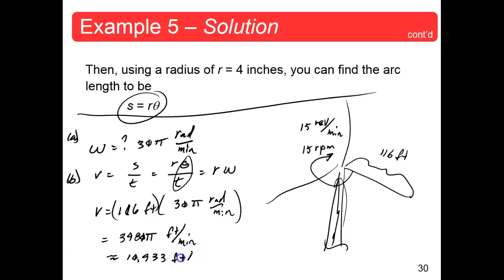Feet per minute. Now, that sounds pretty fast. Guess what? It is. If you have seen those wind turbines, we don't have many around here, they whistle. They are moving very, very fast.